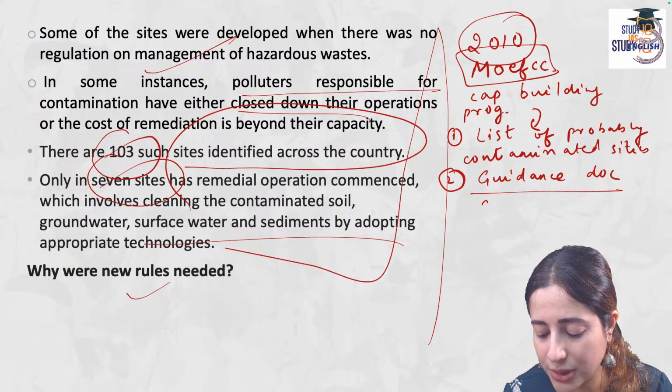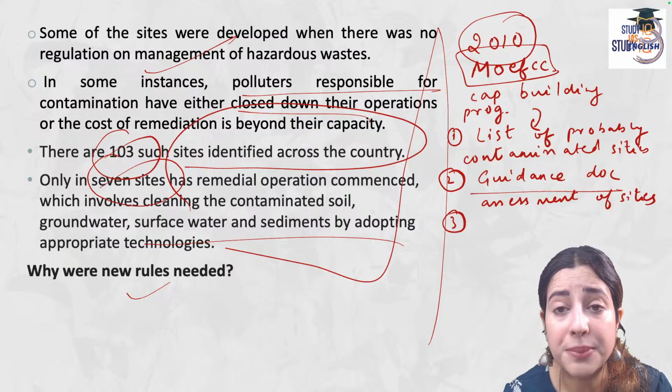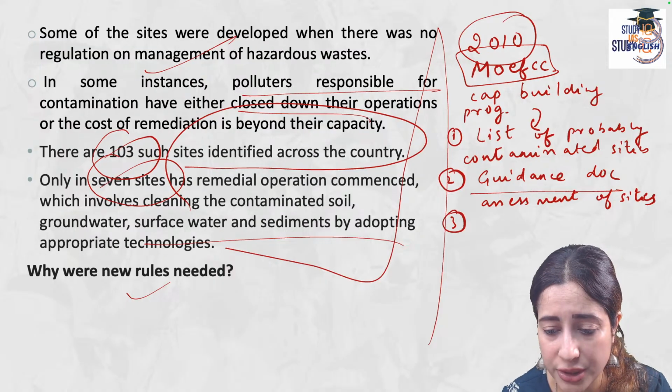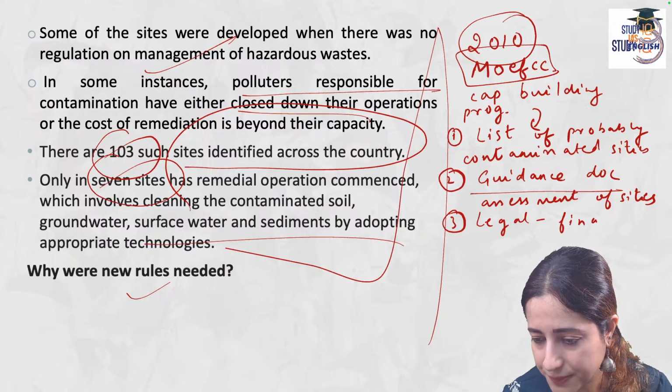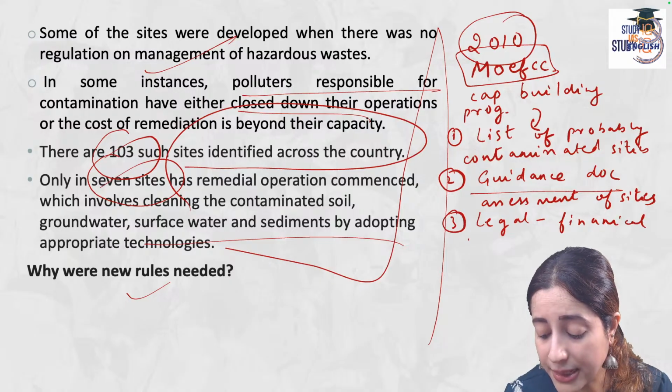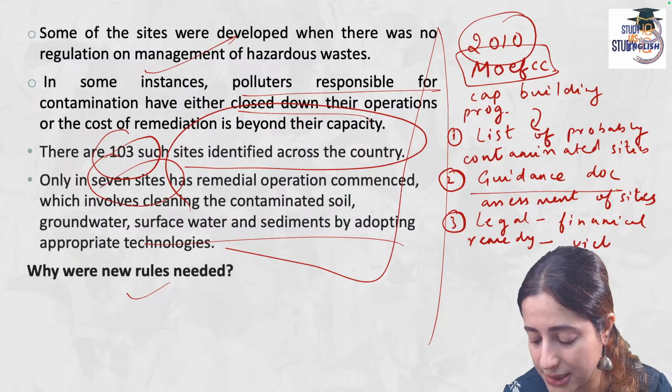The government issued guidelines so that people could assess the contaminated areas: what is the level of contamination, take samples, measure them, send them to laboratories. Last but not the least, it was to take care of the legal, financial remedy, help that you provide for the victims who have suffered from these disasters.